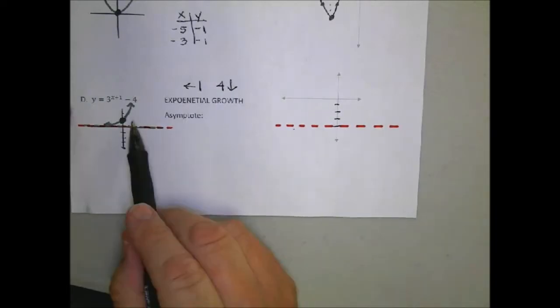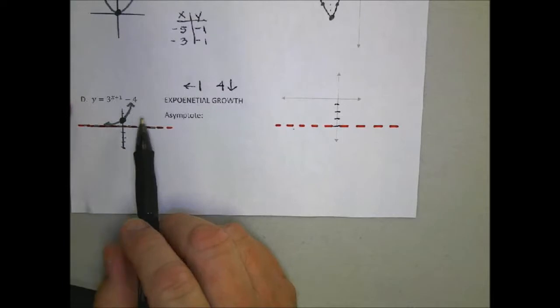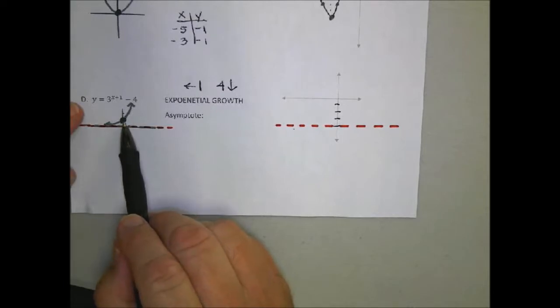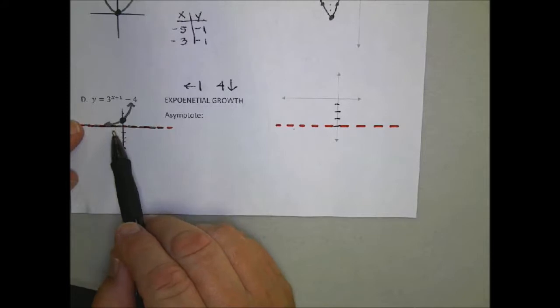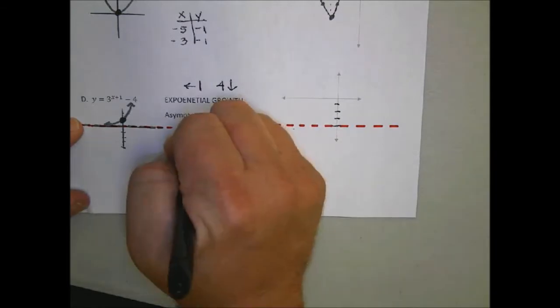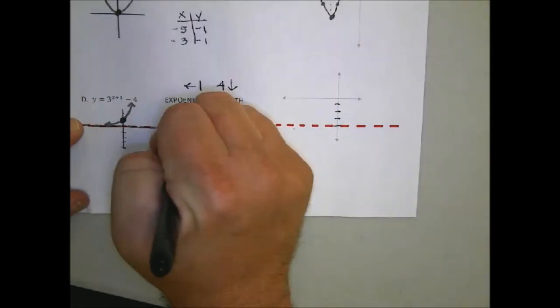Now, if I translate this graph 1 to the left and then down 4, I would be at -1, -3.